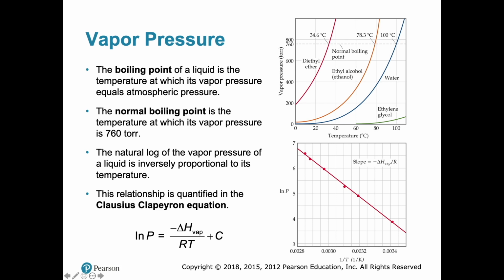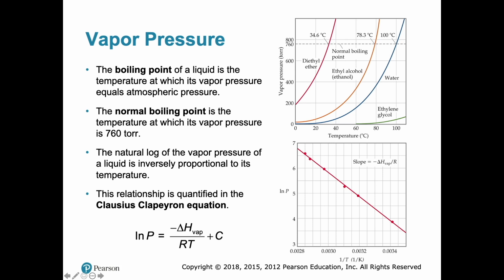And so when we look at this chart up here, I will definitely ask you questions about this chart on the next exam. We've got temperature on the x-axis, and we have vapor pressure on the y-axis. And let's look at something that we know pretty well right here. This blue line right here is water.